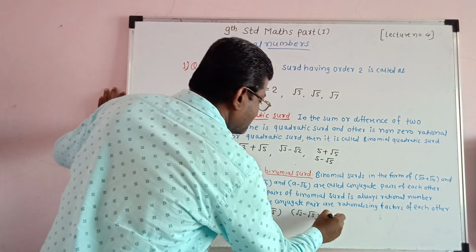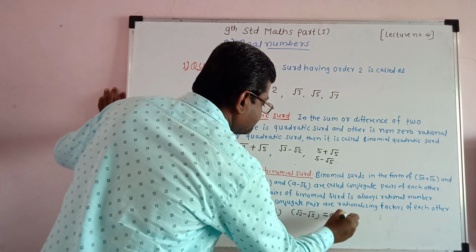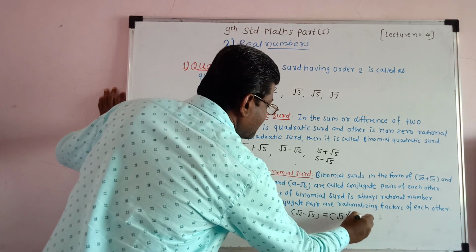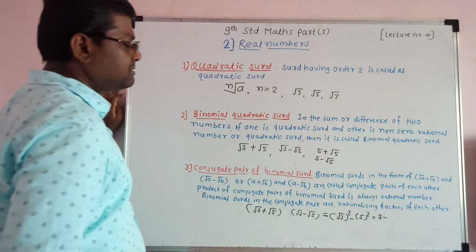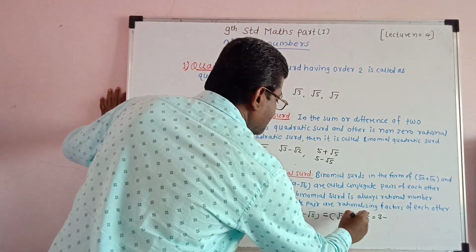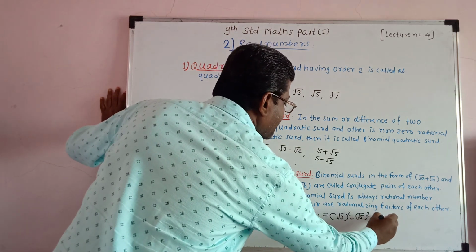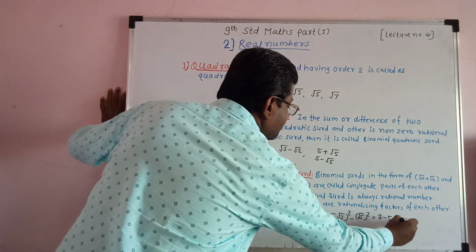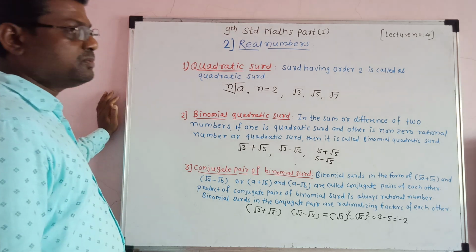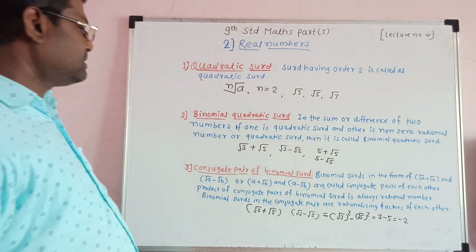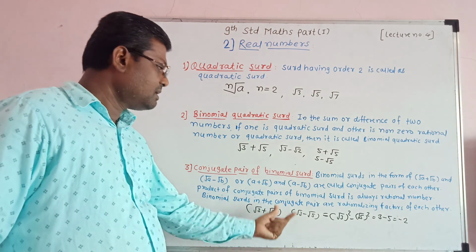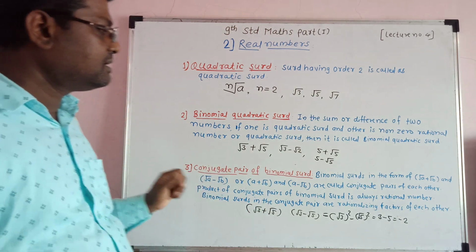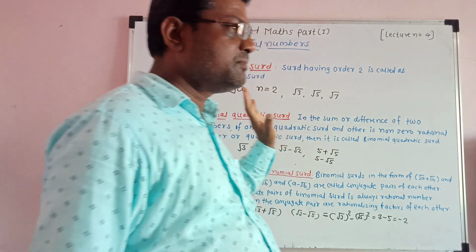So here we write root 3 square minus root 5 square, which is equal to 3 minus 5, since root 3 square is 3 and root 5 square is 5. 3 minus 5 is equal to minus 2, which is a rational number. Therefore, the product of conjugate pairs of binomial surd is always a rational number.